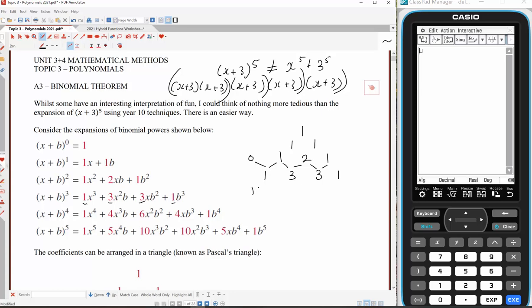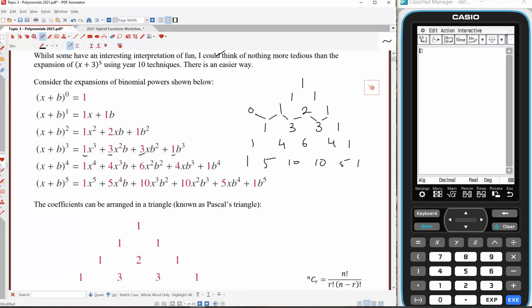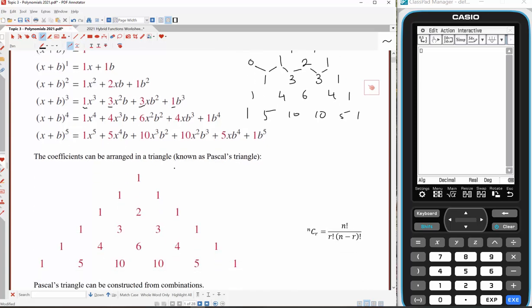Right, so we can get the next row, 1, 4, 6, 4, 1, 1, 5, 10, 10, 5, 1, etc. Okay, so that's the coefficients for a power 5 expansion. They would be the coefficients when I expanded that out. And these coefficients actually fall out when we use an arrangement called Pascal's Triangle, named after Blaise Pascal, a famous French mathematician.